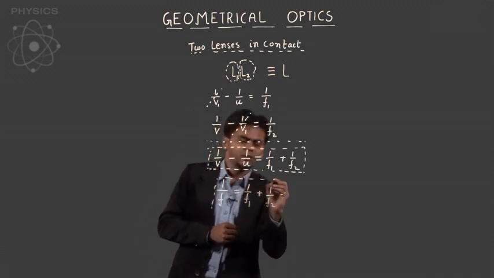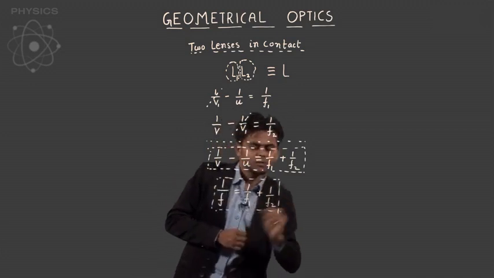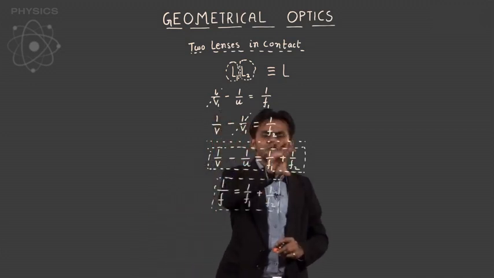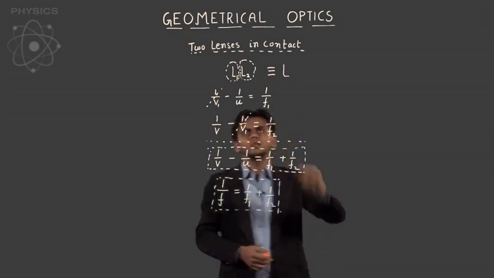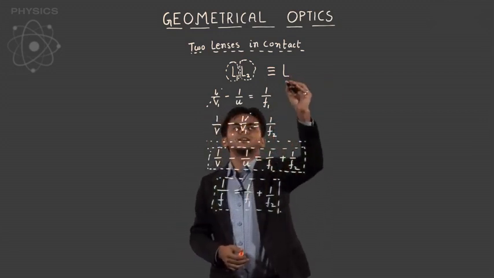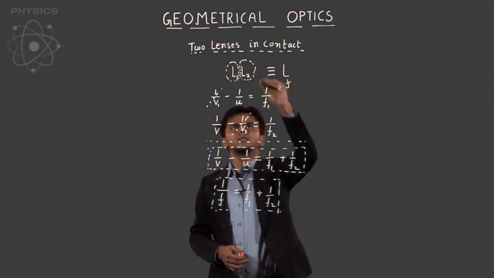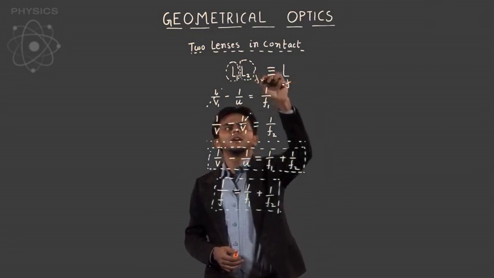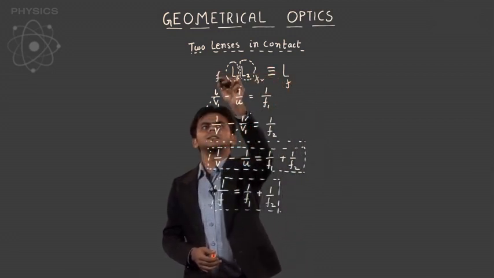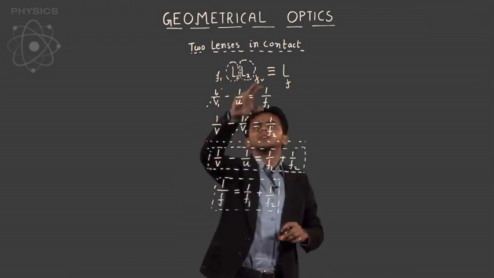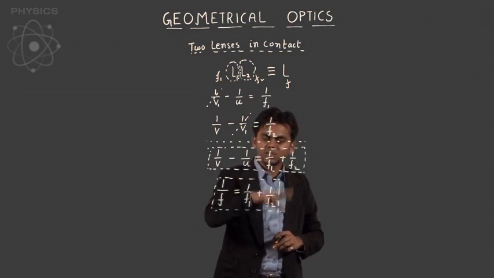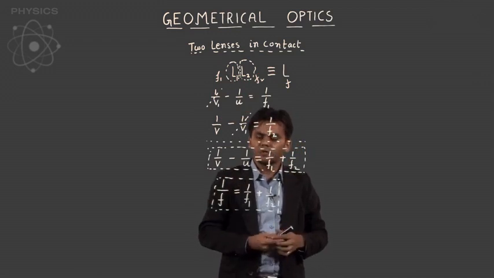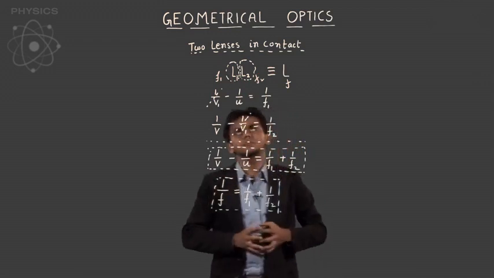You get it? I guess it's very clear. In place of this, I'll have 1 by F. So 1 by F is equal to this quantity. So L has F as focal length, L2 has F2, L1 has F1, and I can replace this combination of two lenses in contact with one equivalent lens. So this is the resultant focal length of the lenses in contact.